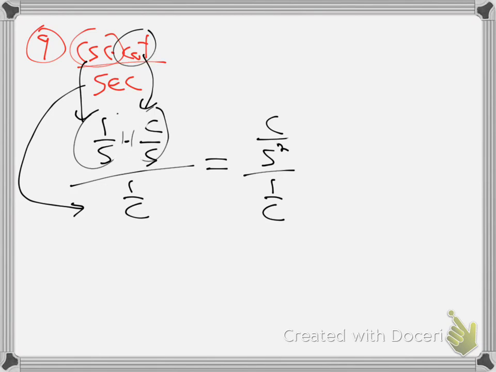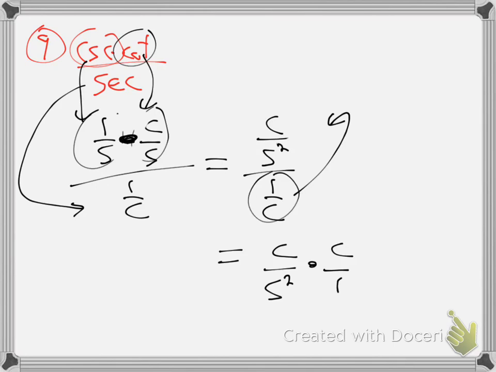Now, what do you do when you have a fraction on the bottom of a fraction? You remember? It flips up and then becomes times, right? It's upside down multiplying. We know that. Times cosine over 1. Flip it up. Remember, dividing is upside down multiplying, isn't it? So then that's what? Cosine squared over sine squared.